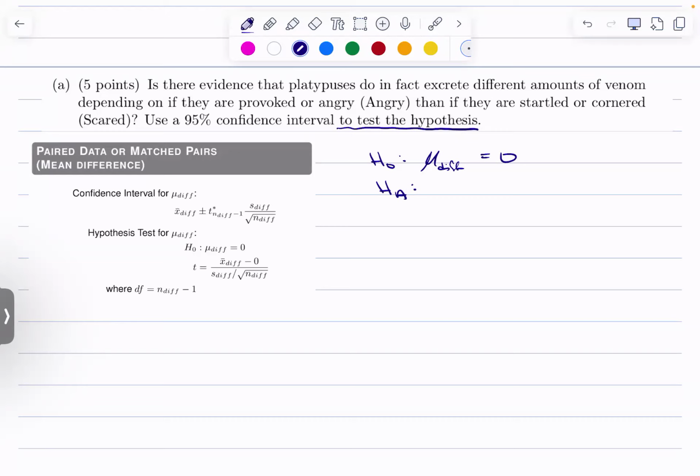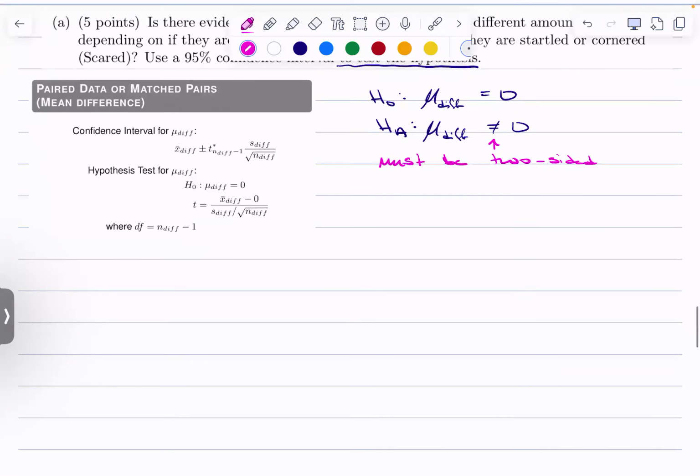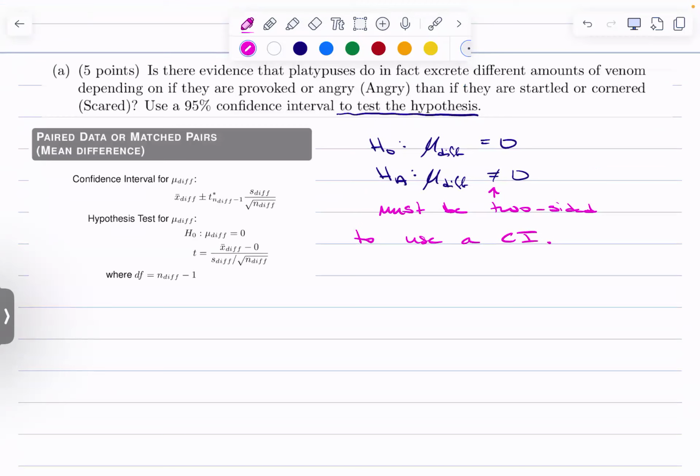So mu diff is not equal to 0. It must be two-sided to use a confidence interval; the confidence interval is only equivalent to a two-sided test.